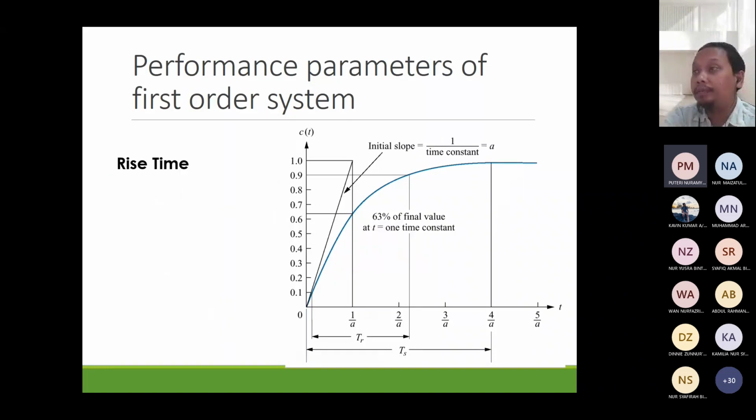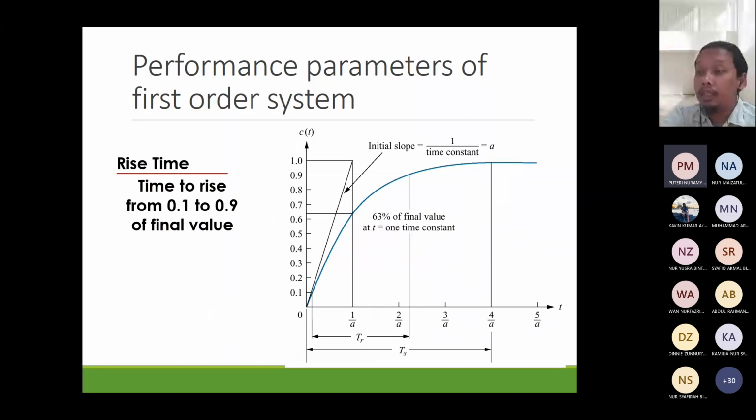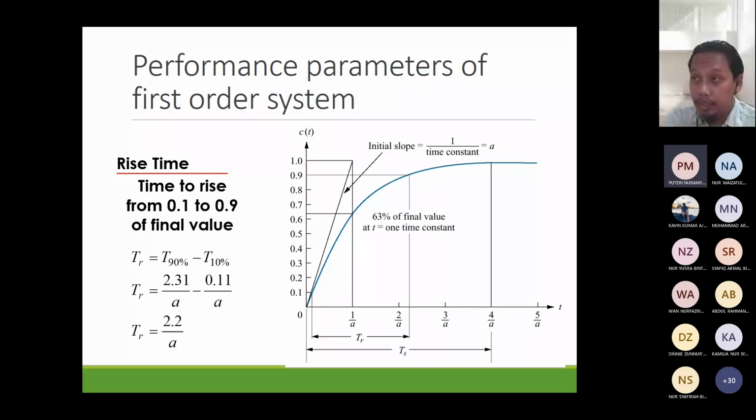And then the second performance parameter is the rise time. The definition is the time taken to rise from 0.1 to 0.9 of the final value. The rise time formula is 2.2 over a.